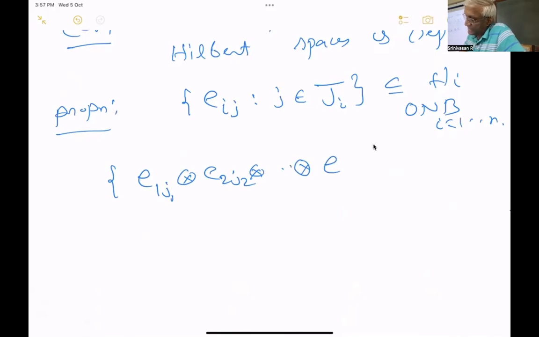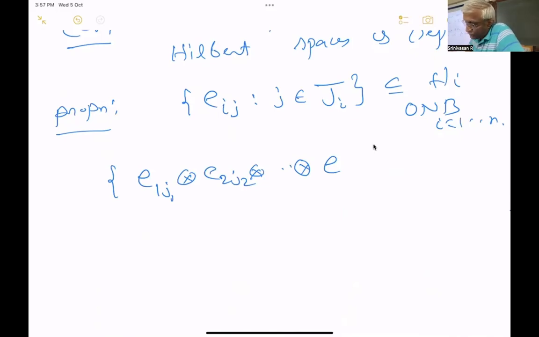Okay, where small j_i is in J_i. So this gives the orthonormal basis for H1 tensor H2. In particular, if it is finite dimensional, then the dimension is just the product of the individual dimensions.